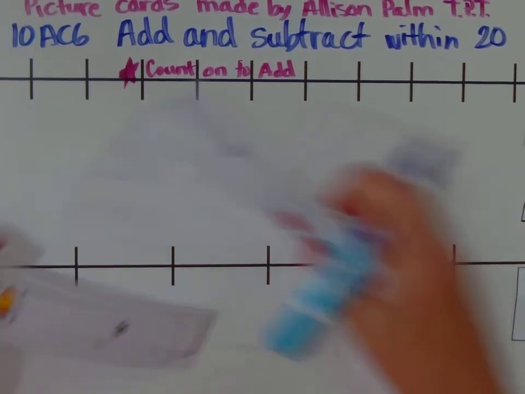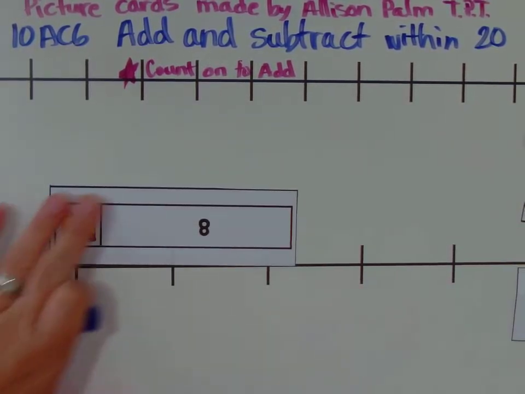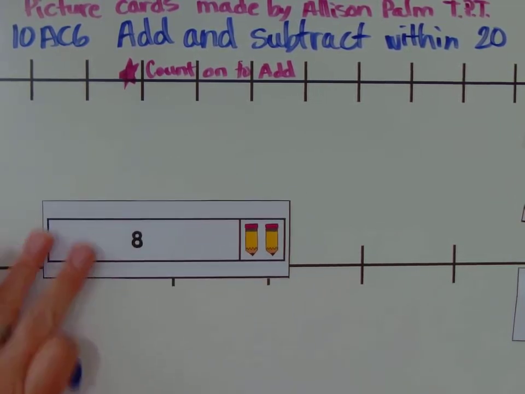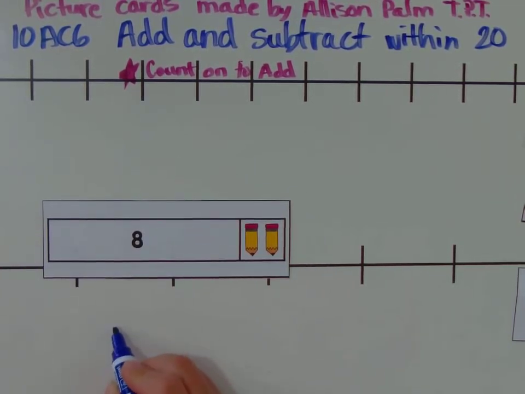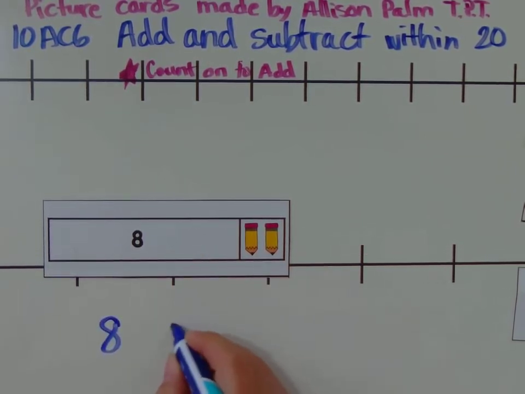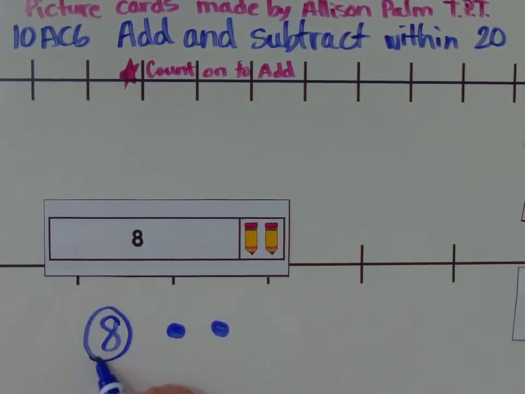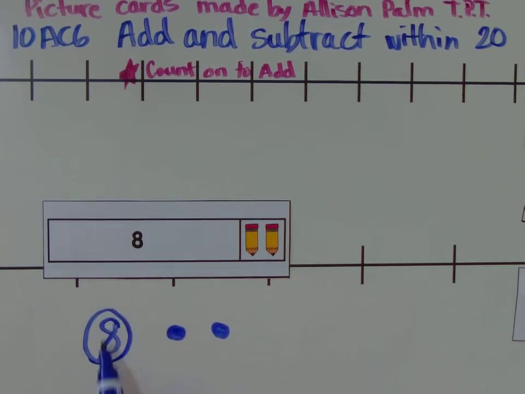A couple more. Here we have pencils. Okay, we're starting with 8 pencils. So let's write 8, and we're adding 2 more. Remember that when we start with 8, we don't make that 1 more.